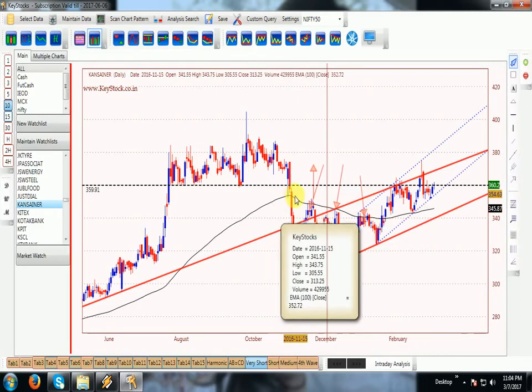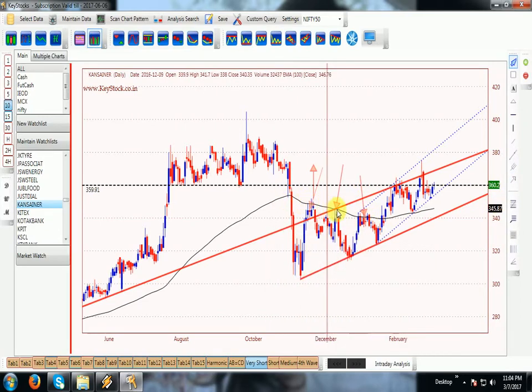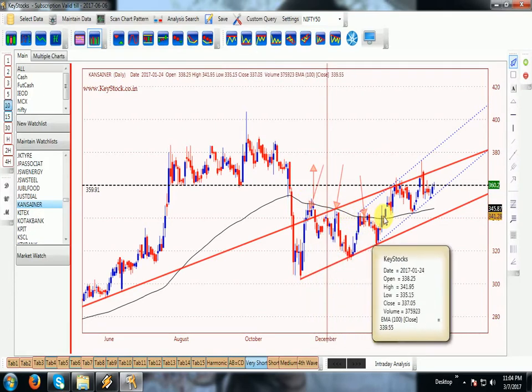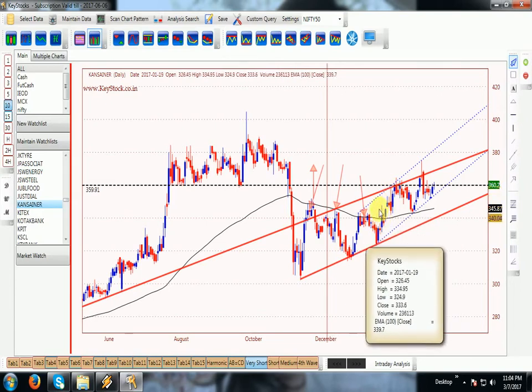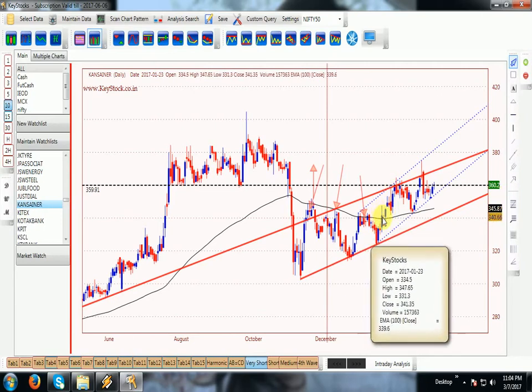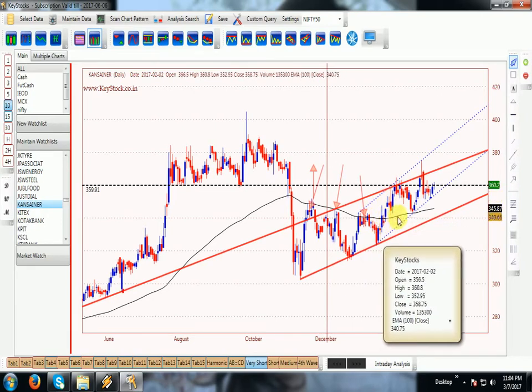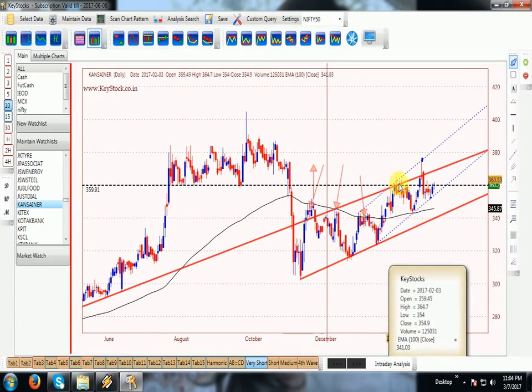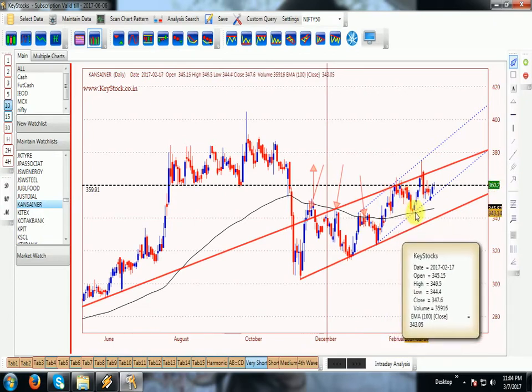This black color line, which is the 100 EMA, is acting as a resistance here, and again when the stock is able to cross the 100 EMA and has successfully closed above it, the same black color line is acting like a support here.